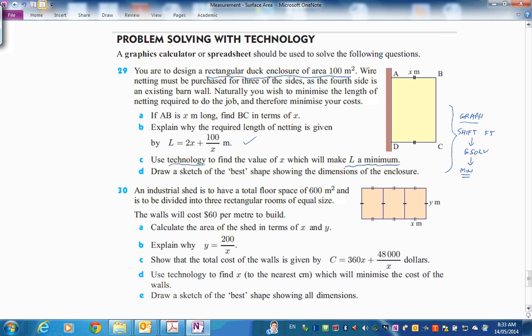You want min, and then you can read it off. So try those two problems. Need a little bit of help from your teacher here for those, I think. Okay, but you're going to use technology. Alright, so let's have a look at the answers to those.